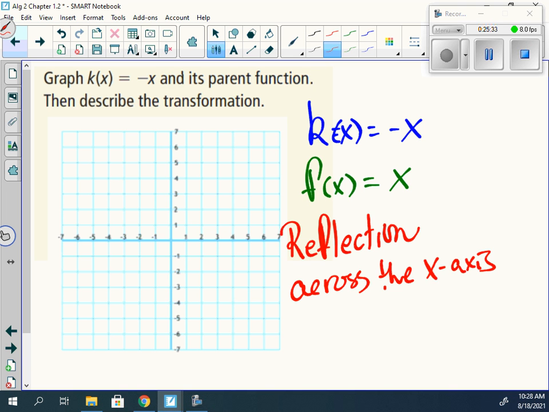Linear is an odd one because, well, actually no. In some cases, it could be the same as a reflection across the y, but it's only in a special case. Any questions over this here? Are we good with this here?